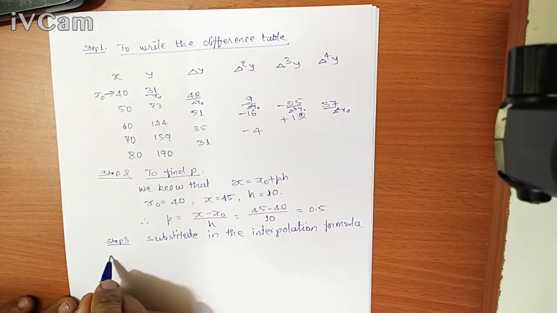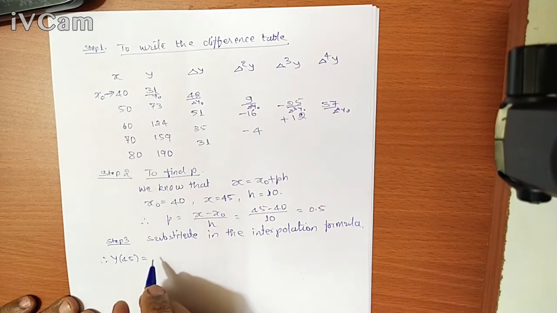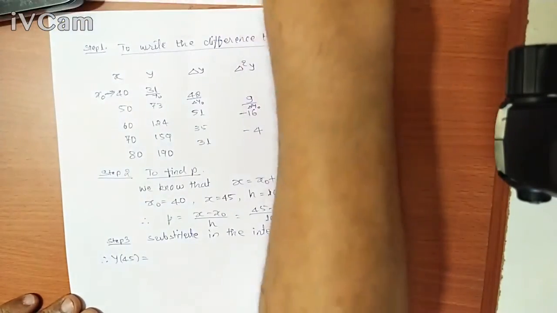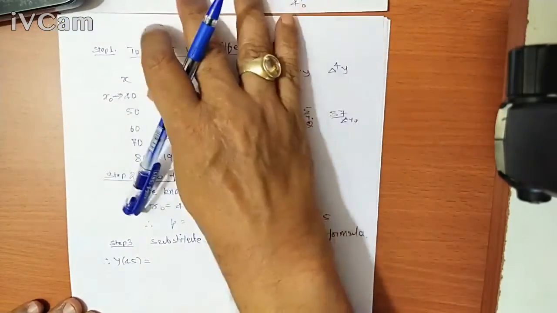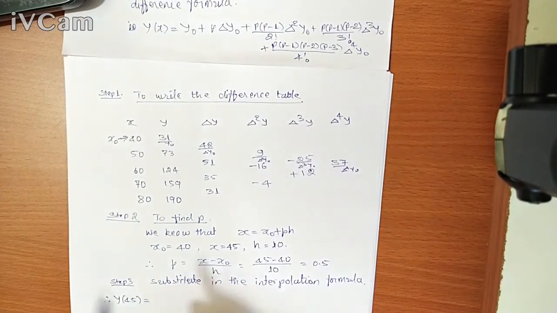So y at 45 will be what? Y naught, now I'll use the same formula. Here you know the formula now, right? So this formula I'll use. This value y naught is 31, plus p times del of y naught.